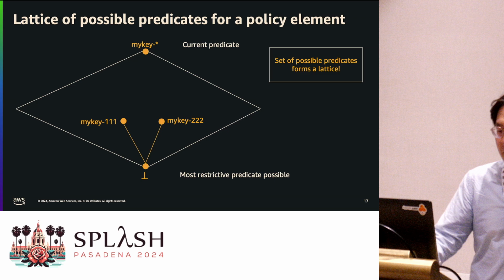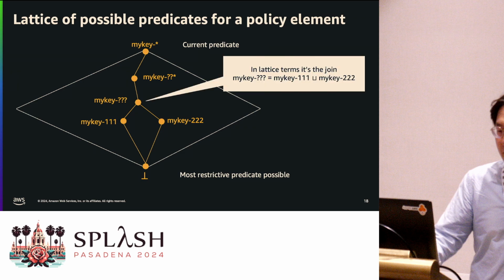And we can keep constructing this lattice with possible predicates, such as my-key-dash-question-mark or my-key-dash-question-mark-star. When a value is closer to the bottom, it is a more restrictive pattern, and we can use the partial order to find the least permissive predicate. So this is intuitive. Basically, we find that my-key-dash-question-mark is the lowest point in this lattice that is above both my-key-dash-111 and my-key-dash-222, meaning it allows both of these. So basically, this is the join operation of the lattice on two values.